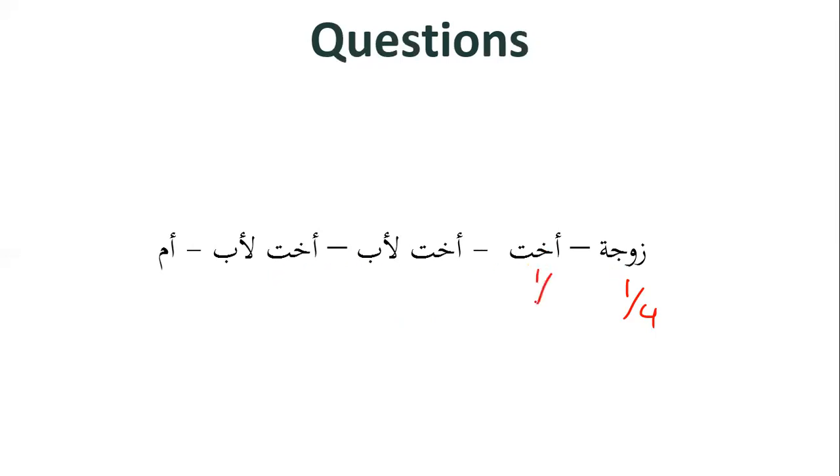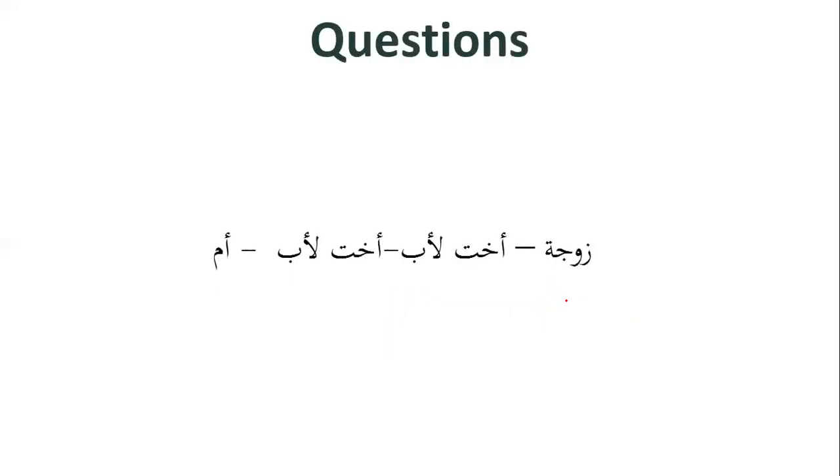So the ukht would receive a half. Ukht li-abin, according to condition number 3, would receive 1/6, and the would receive 1/6. So according to condition number 2, ukht li-ab would receive 2/3, would receive 1/6, and zawja would receive a quarter.